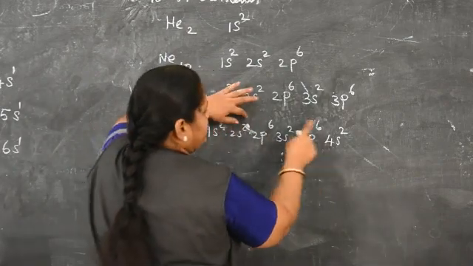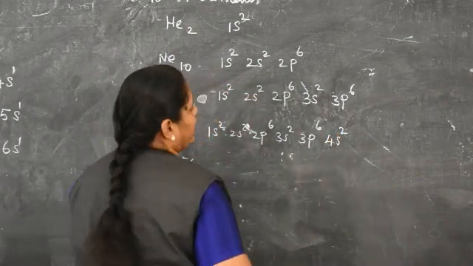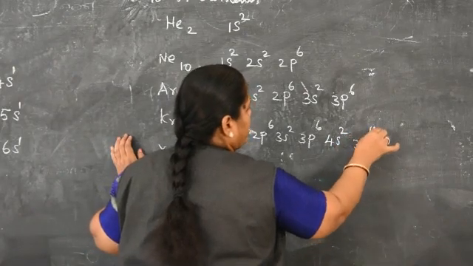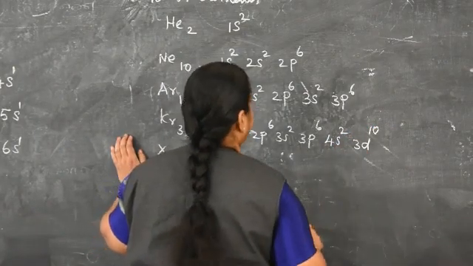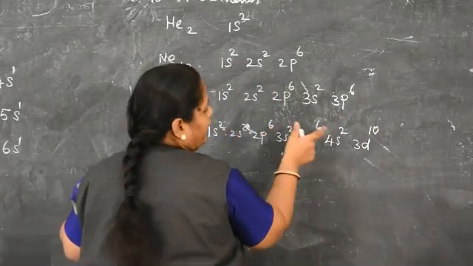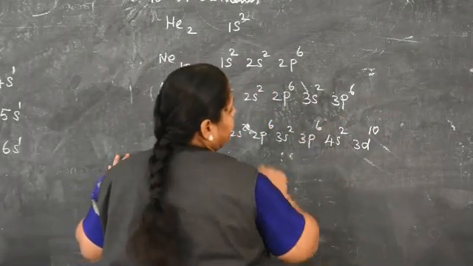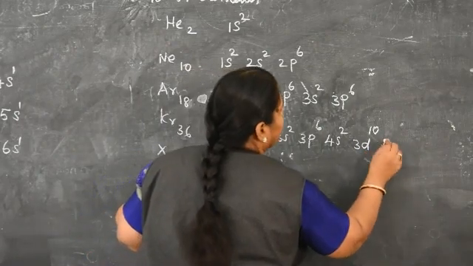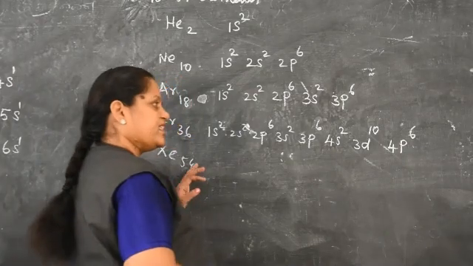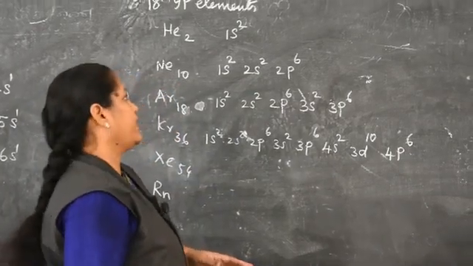So totally 10 plus 10, 20. Then you go for 3d10. After entering this, 1s2, 2s2, 10, 30, then 4p6. In this way you write the electronic configuration.